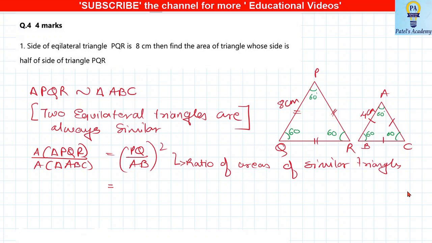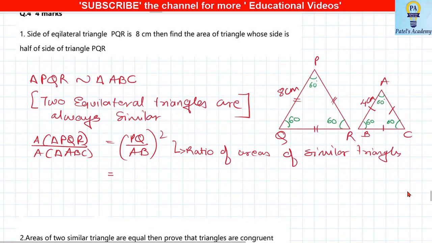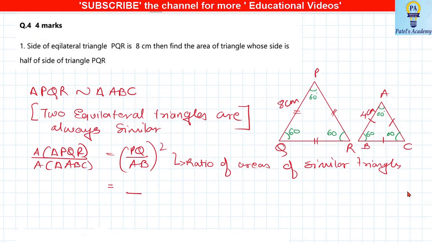Okay, now let's see what they have given. Now they are given the side of equilateral triangle PQR is 8 centimeter. Then you have to find the area of the triangle whose side is half of PQR. Okay, now here I will write (8 upon 4) whole square. Okay, so if I reduce this, I'll get 1, 2, 2 square is 4. The ratio is going to be 4.